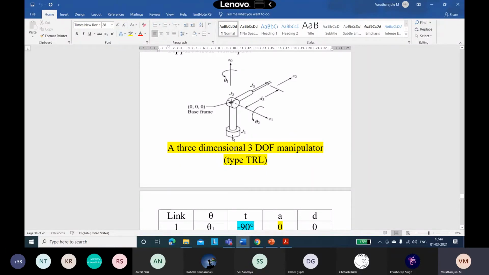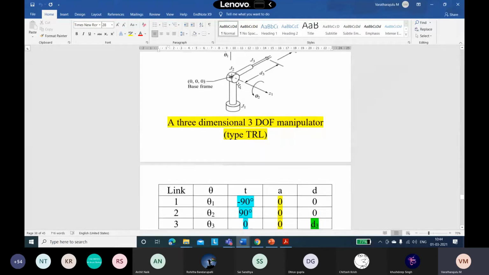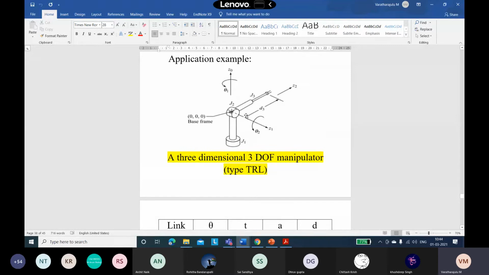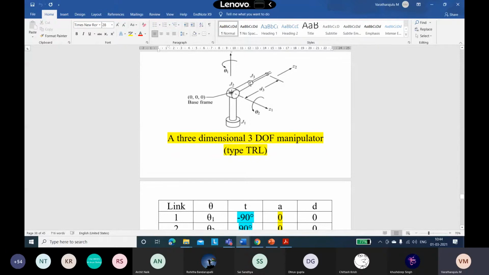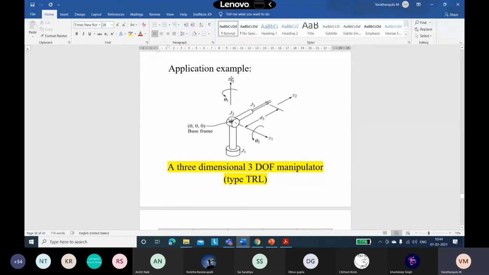At first the joint 1 has the motion towards this direction. Therefore when we are concerned about the clockwise, we need to put positive 90 degrees. Counterclockwise we apply negative 90 degrees, observing from the top view. Here they are applying z0, z1, and z2 instead of xyz. In this particular picture they were given z0, z1, and z2.